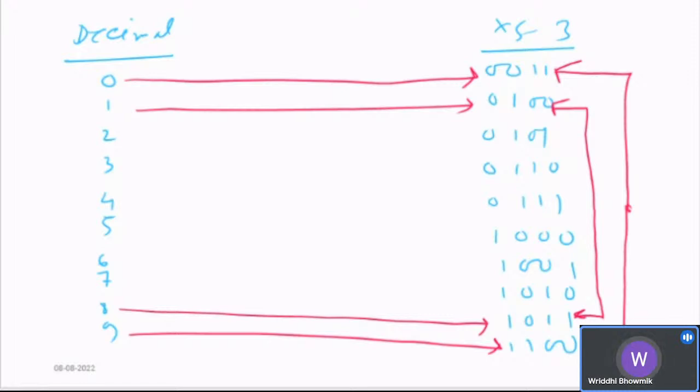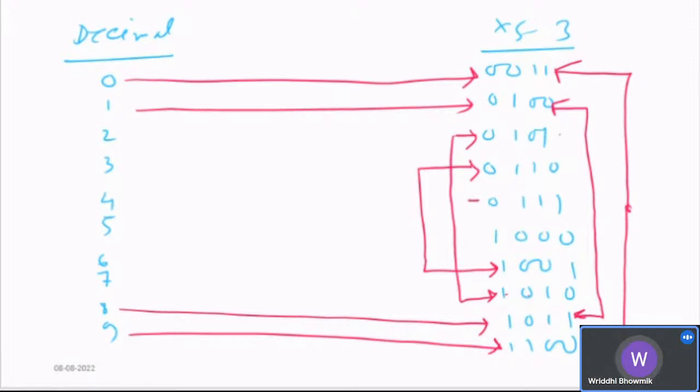Same thing you can see over here. The 2 is 0101, and you see 7 is 1010. So 0101 and 1010 are complements of each other. Similarly, 0110 and 1001 are complements of each other.